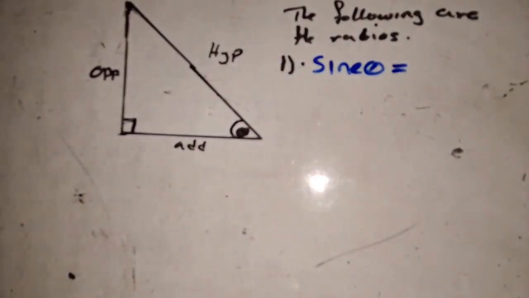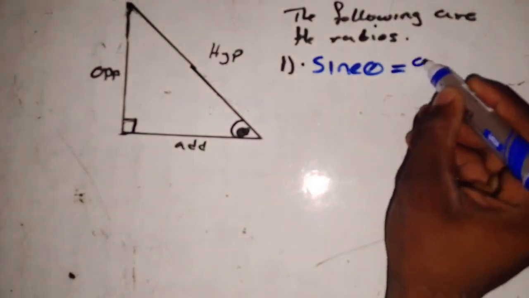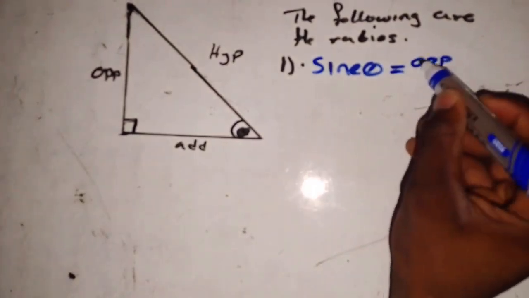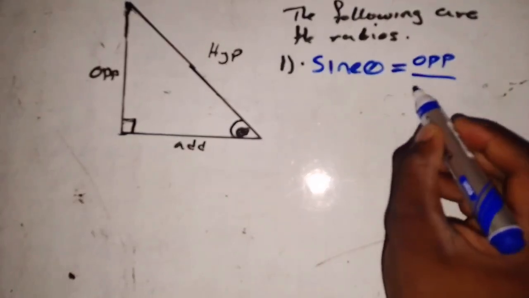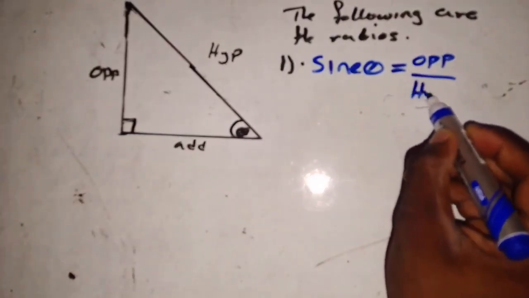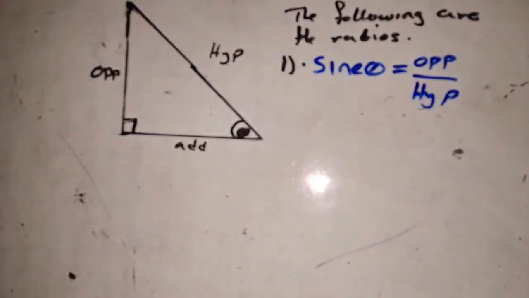That's the ratio for sine theta. This is the abbreviation for opposite over hypotenuse. So this is sine theta.